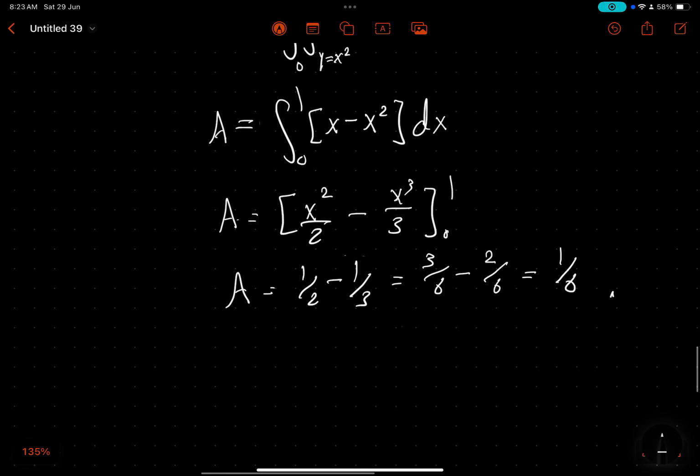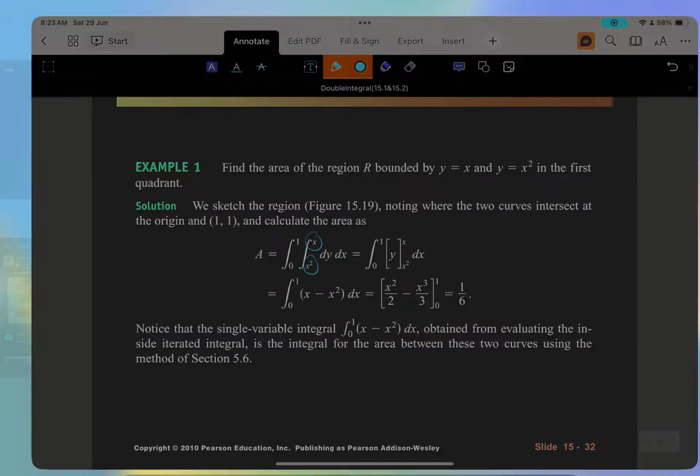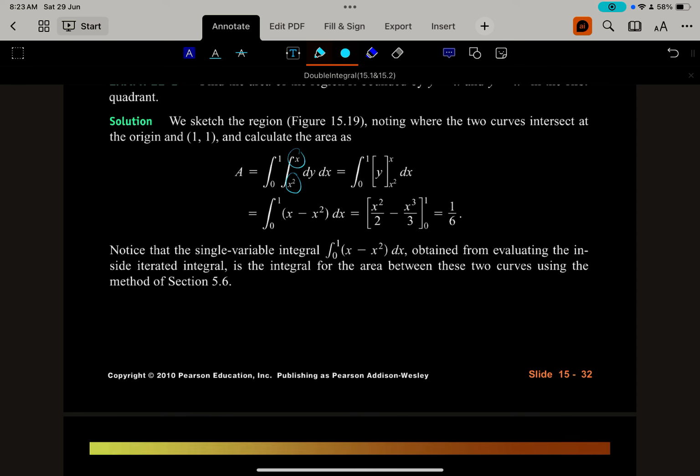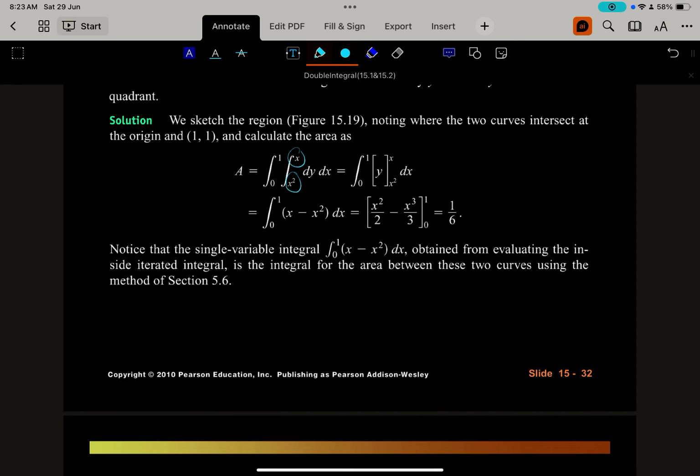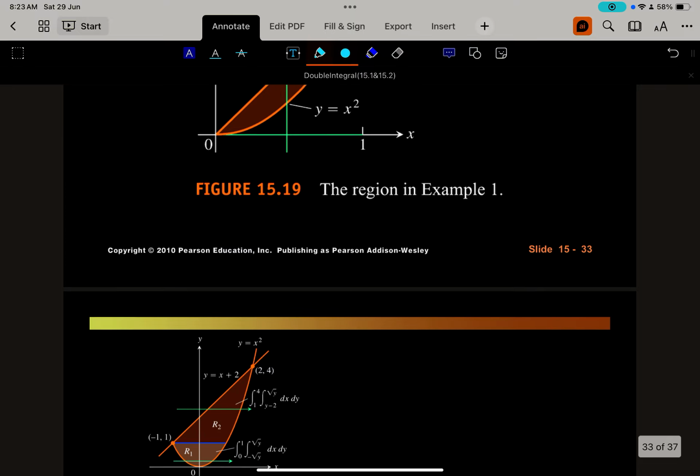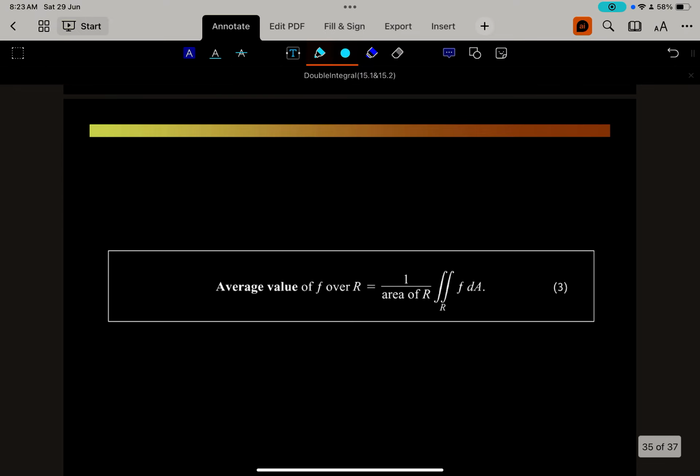That's exactly the area of the region bounded by these two. This 1/6. And that's exactly the area.